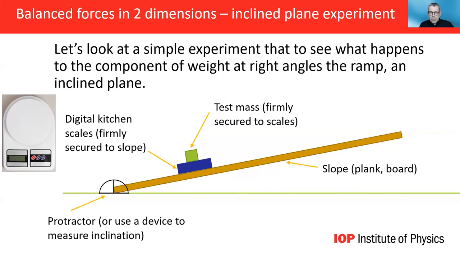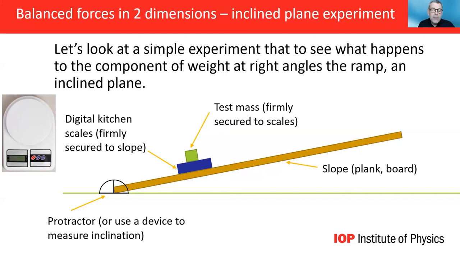What you'll need is a slope, something like a plank or a board, which you can raise at one end. Place on it a set of digital scales. For instance, kitchen scales are superb for this. And on top of the kitchen scales, place a weight. Experimentally, my tip would be secure everything as firmly as possible to both the plank and to the scales.